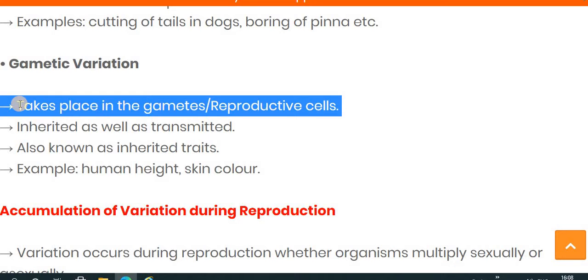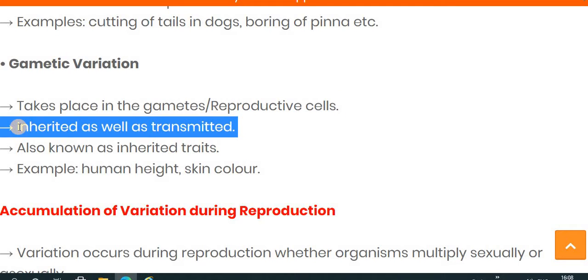So we can say this kind of variation is inherited as well, meaning it is transferred from one generation to another generation. That's why it is also known as inherited traits.